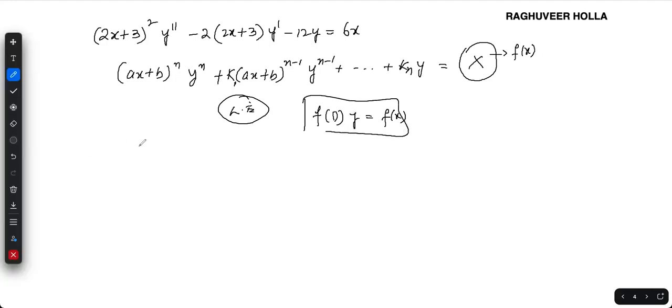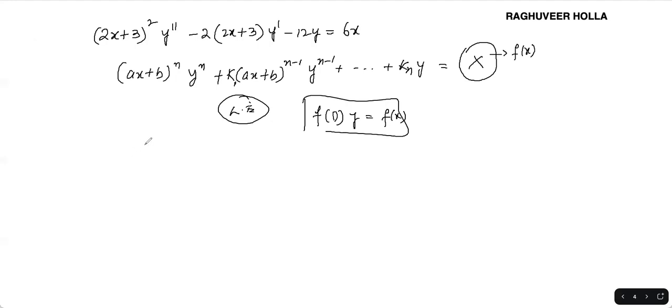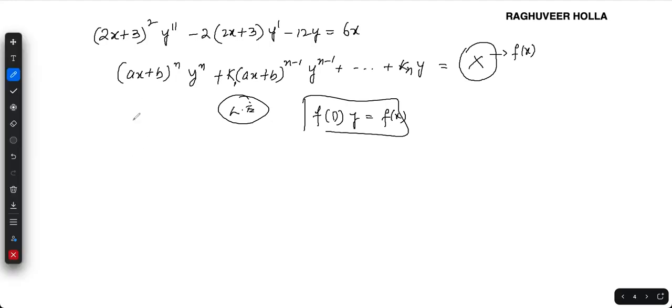What we are supposed to do is take the term ax plus b and substitute it as e to the power of z. We'll represent this as z or t, which is log of ax plus b, which is z.